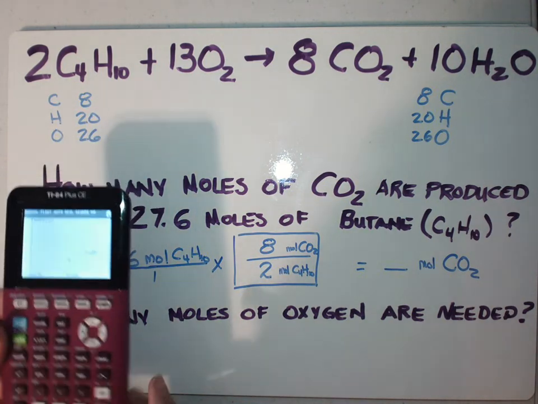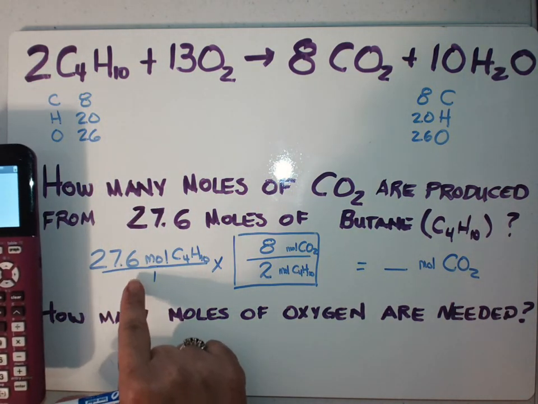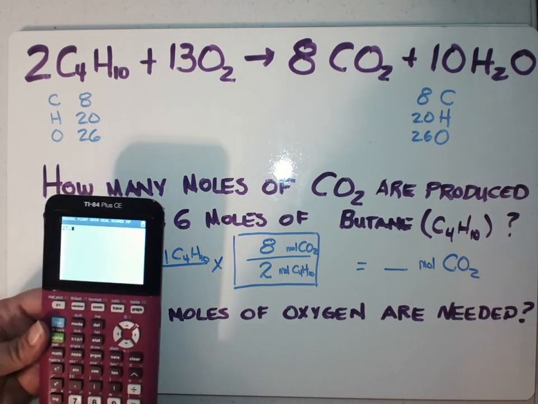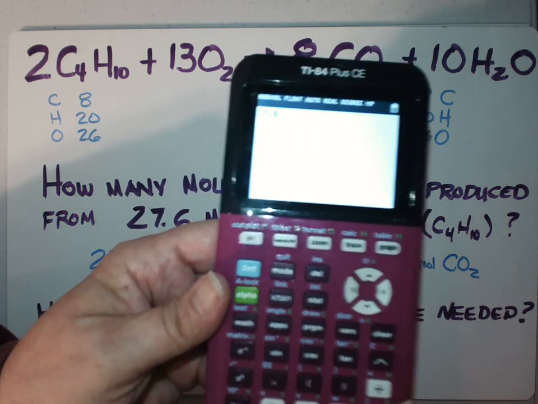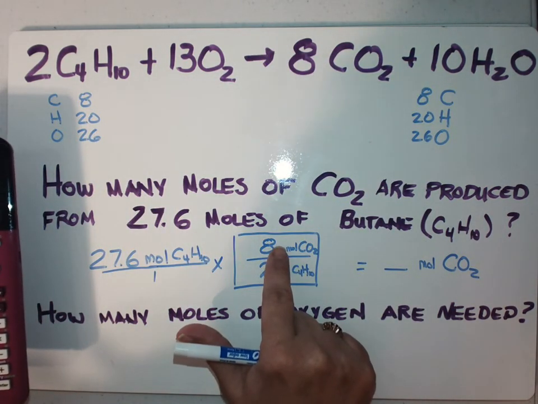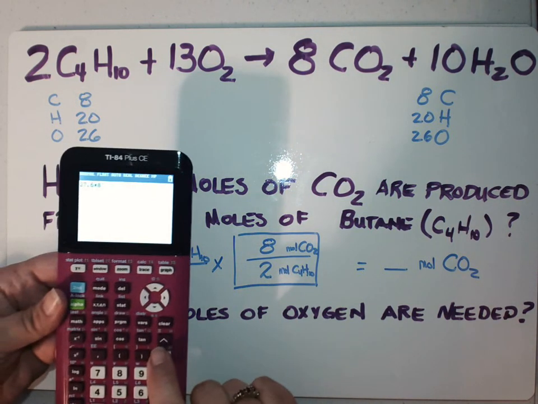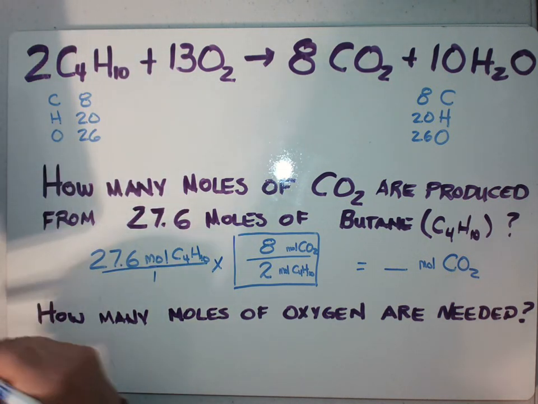You're going to get your calculator, and you're going to put in 27.6. Can you guys see that? 27.6, and I'm going to multiply it by 8 and divide it by 2. Times 8 divided by 2, and it's going to be 110.4.